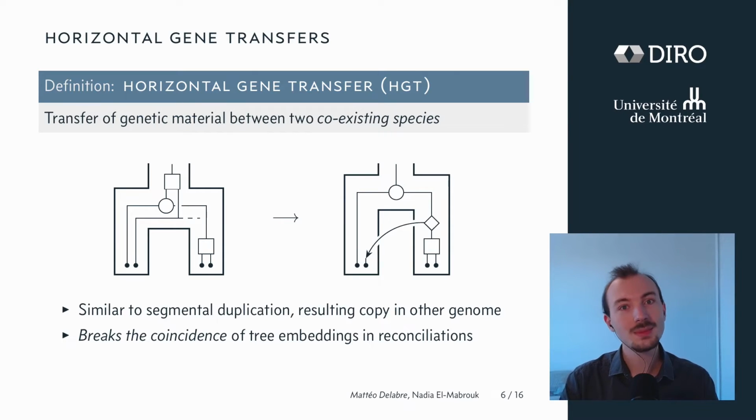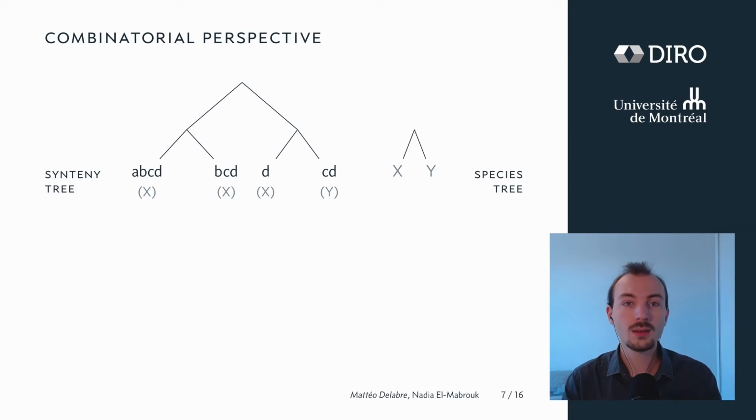This property means that the coincidence of the synteny tree and the species tree is broken, as you may see in this picture. The transfer events may actually jump from one branch of the species tree to another. Now the main question is, how can we infer super-reconciliations that allow for transfers and minimize the number of events?